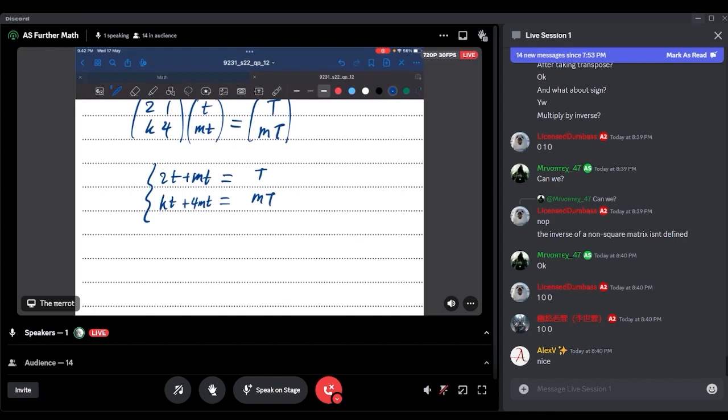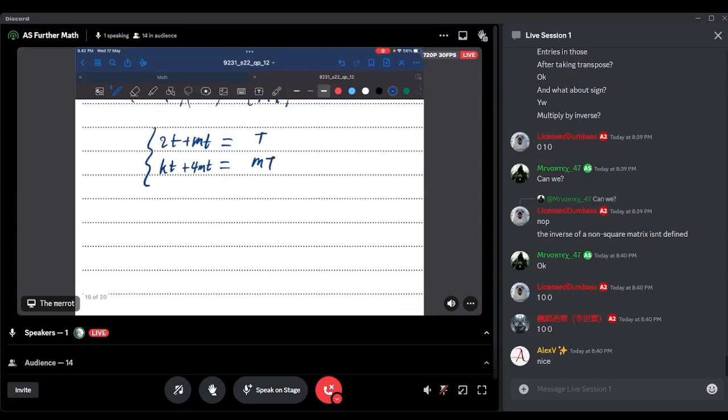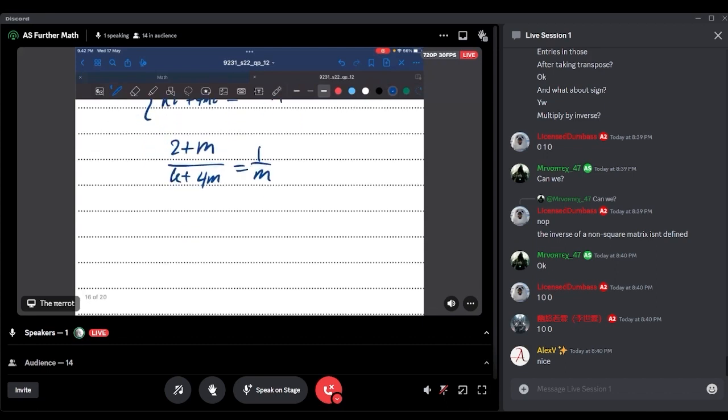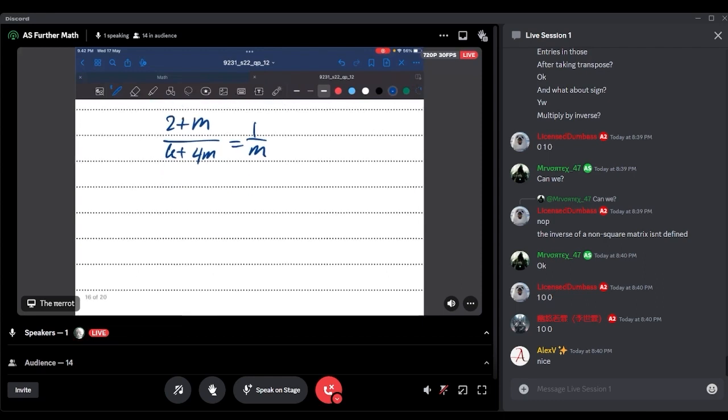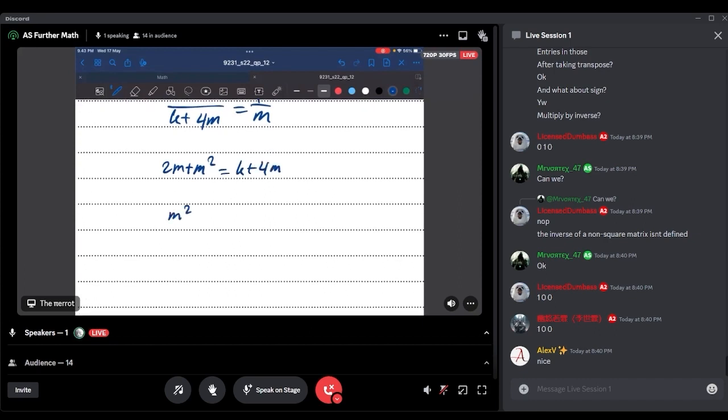Now you can divide the two equations together, so you cancel the t's. Both capital and small letter t's get canceled. So you have 2 plus m over k plus 4m is equal to 1 over m. Now you can solve for m. So you have 2m plus m squared is equal to k plus 4m, so minus m squared minus 2m minus k equals 0.